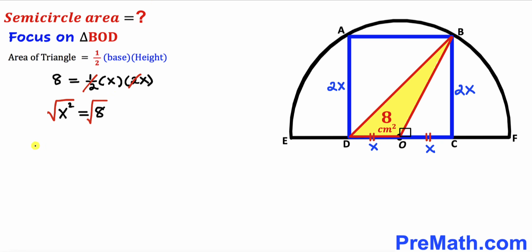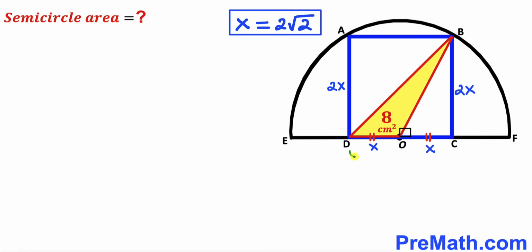So our X value simply turns out to be 2 times the square root of 2 centimeter. So this segment OD, which is X, is 2 times square root of 2, and likewise OC length is 2 times square root of 2 as well.